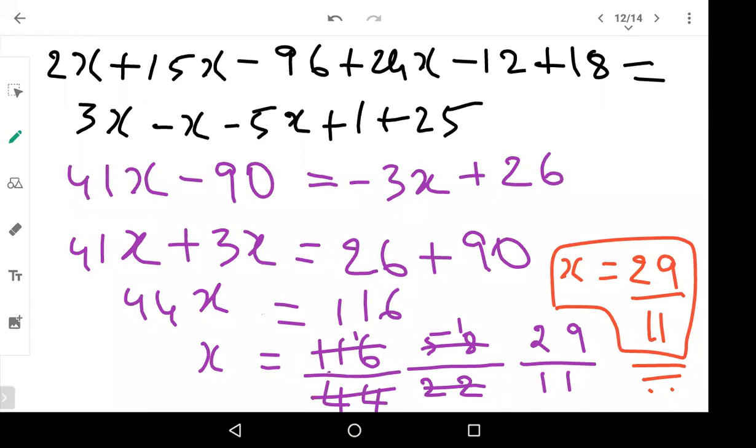I want everybody to be clear with this problem. Done? Can we go for the next problem?